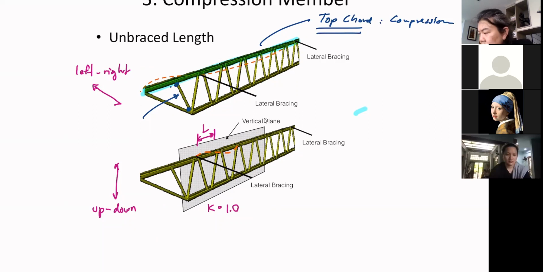But I should change the color here so that you can see the differentiation of things. Okay. When your compression member here wants to buckle, it moves out of this gray plane that you see here. This is the vertical plane, but now it doesn't move in this plane, it moves out of this plane.